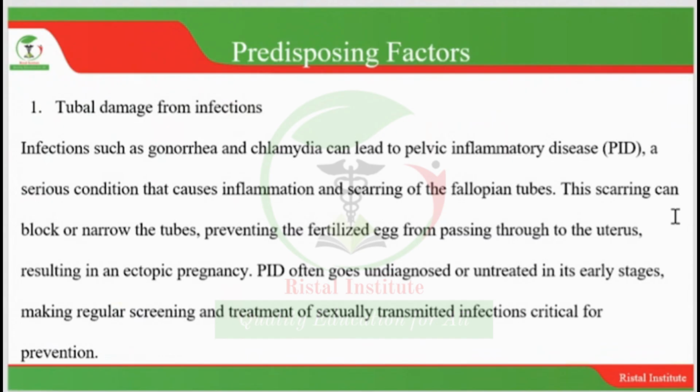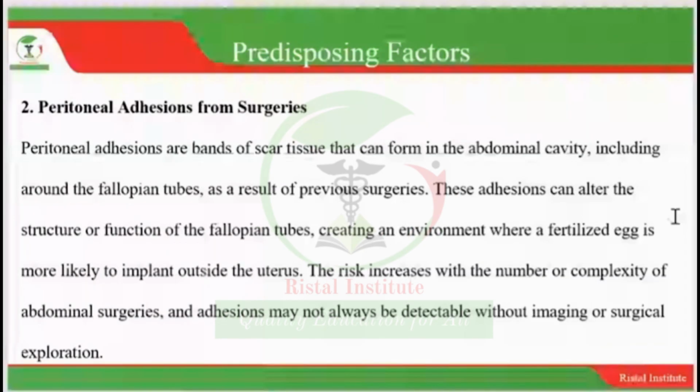The second factor can be peritoneal adhesions from surgery. Peritoneal adhesions are bands of scar tissue around the fallopian tubes as a result of previous surgeries.